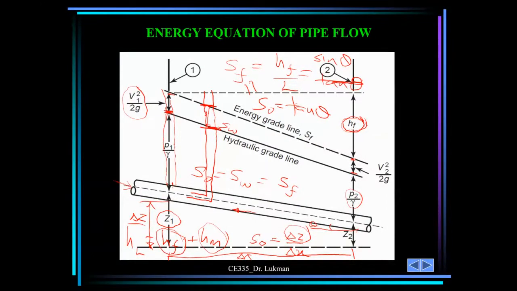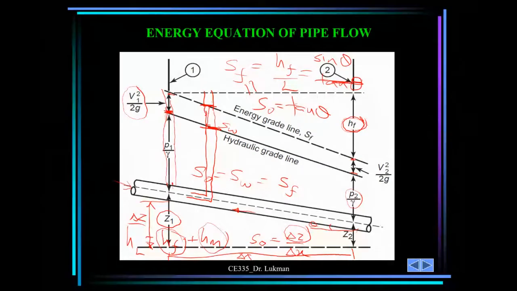It gives you the sum of the static pressure and the dynamic pressure, which we call the stagnation pressure. So when you use a pitot tube, water will rise up to the level of the energy grade line.